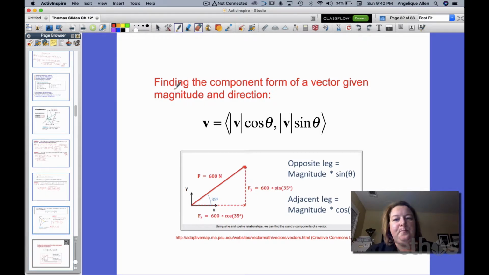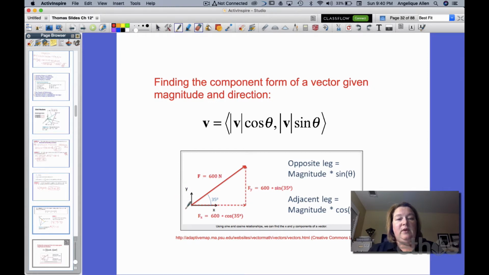All right. If we want to be able to find the component form of a vector, if they hand us the length of the vector and the direction, and that is all, there's this very nice handy formula. I don't know that they provided this in the book. I think maybe they were expecting you to figure it out, but here I took a picture from a website that would help us to remember doing this in trig class.